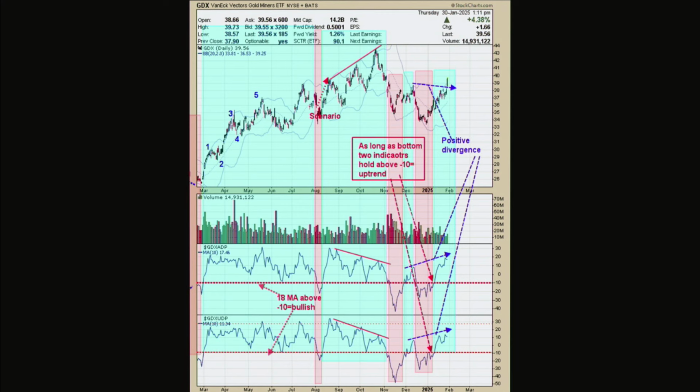Both those indicators are above 10, which is that green area across the chart, so as long as they hold above it, the uptrend's intact. We also like to see a sign of strength above a previous high, and that's actually what's happening today. So now the previous high will be support. We're heading higher and probably going to hit new highs. I think this market in general will probably rally more or less into July before we get another consolidation phase. So it looks pretty good for the next multi-months.